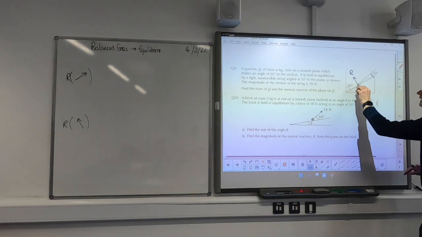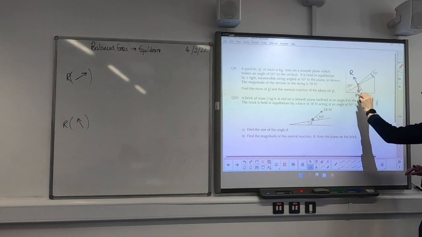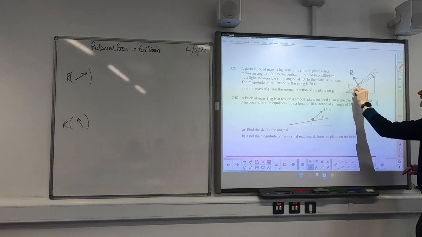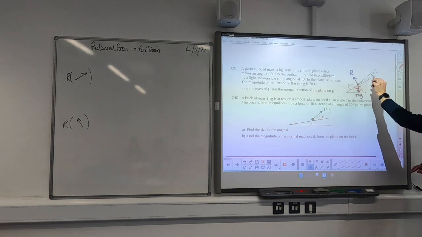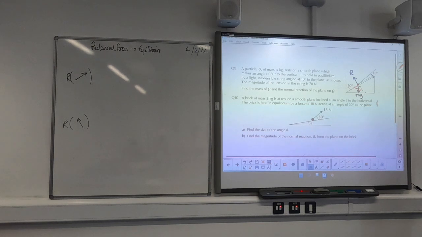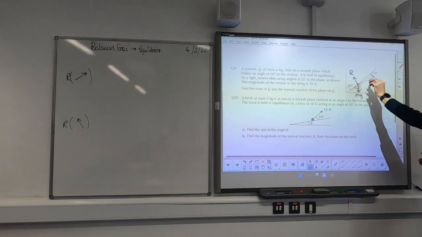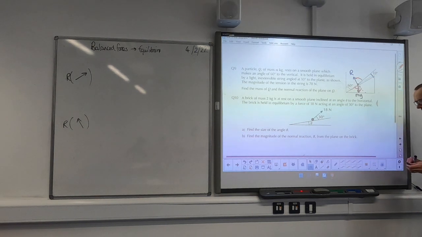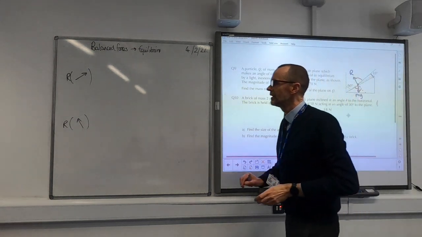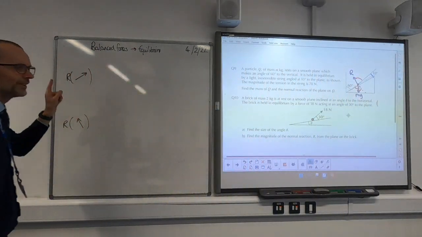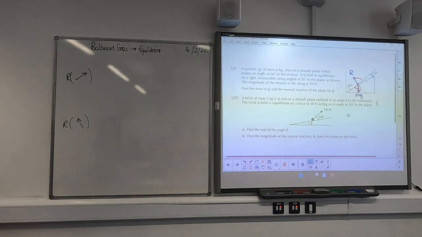We've got an angle there to work out, an angle there to work out. We know that angle there is 10. So we should be able to work out that angle there. So just have a go. This is harder, isn't it? It's a shame that we're towards the end of the lesson.